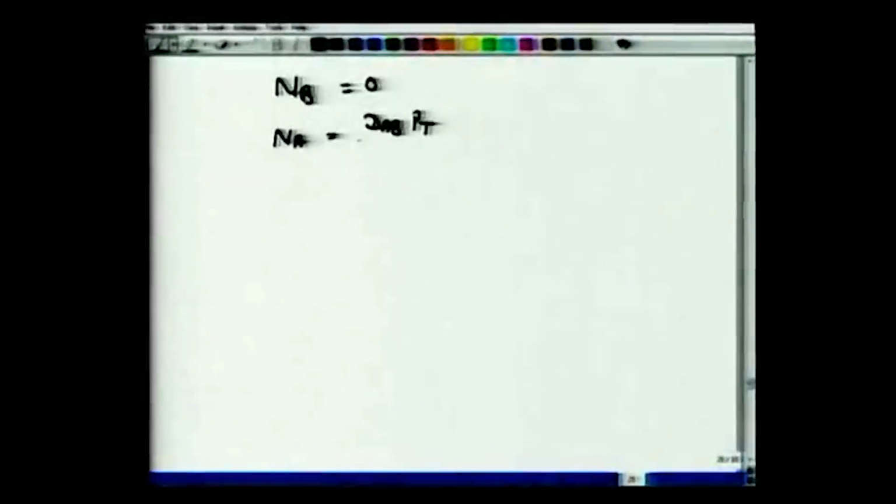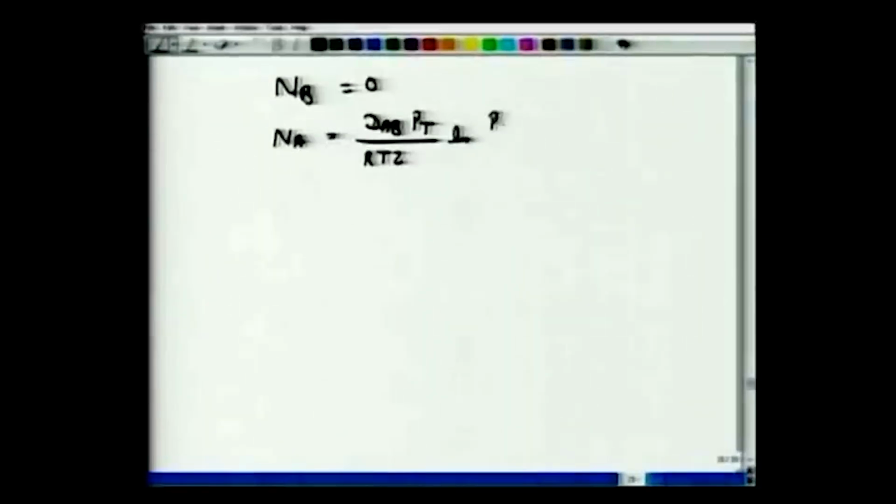Na, which we wrote as DAB Pt over RTz ln of (Pt minus partial pressure of A at location 2) over (Pt minus PA1).